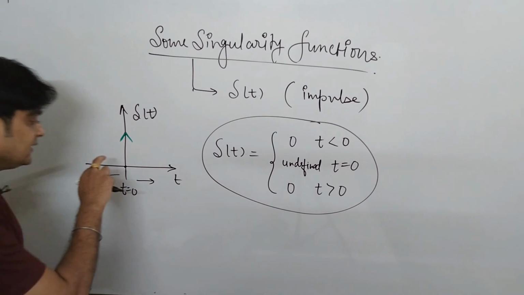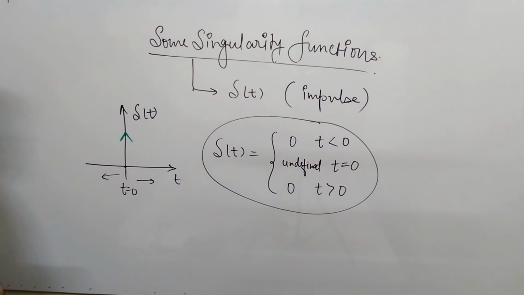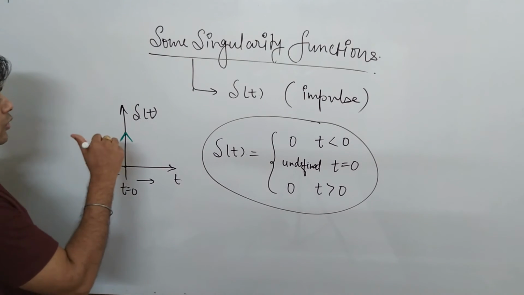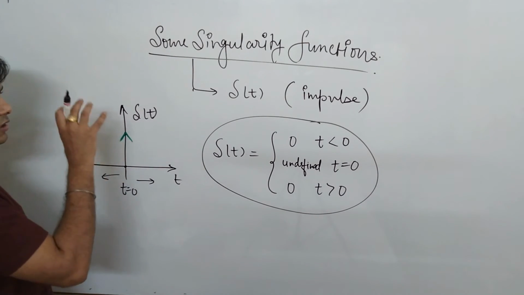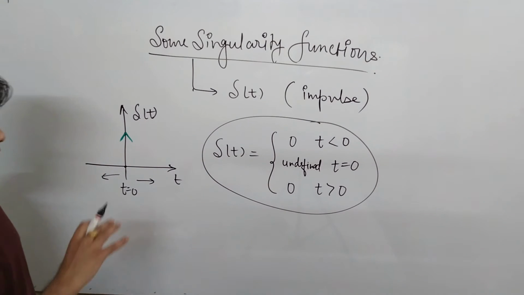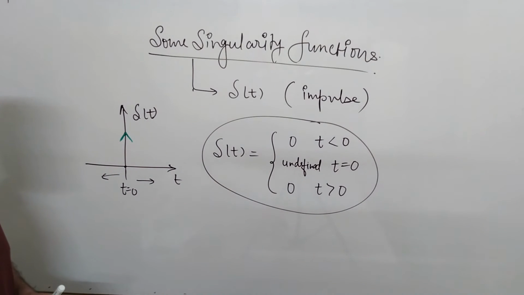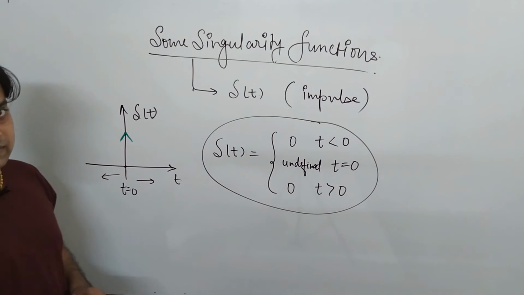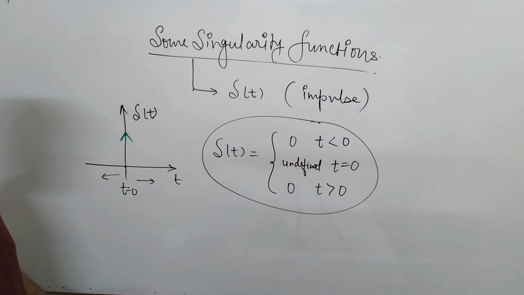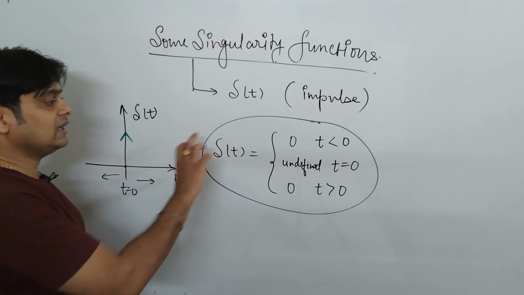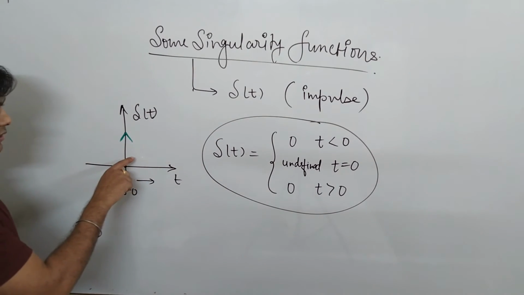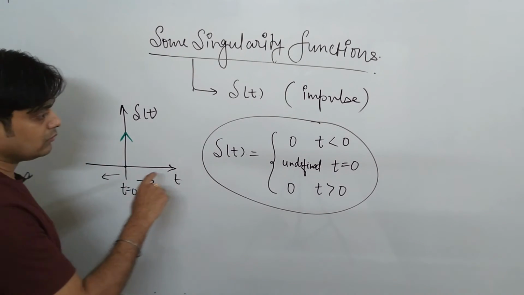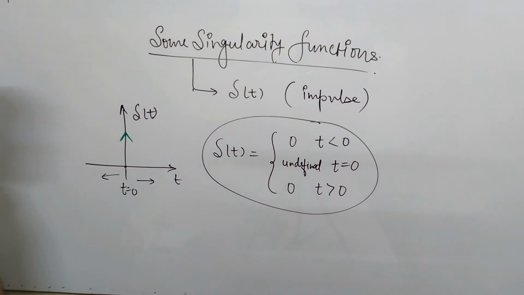In your signals course you will understand more about this del t, and why the function is not realizable. This is a concept which is used in electronic circuits just to understand the behavior of different types of frequencies. That you will see in your frequency analysis, but for the time being just keep in mind this del t is a function whose value is 0 everywhere except at t equal to 0, and that value is basically undefined in nature. Okay, so this is all about del t. Now I'll go with the next function.